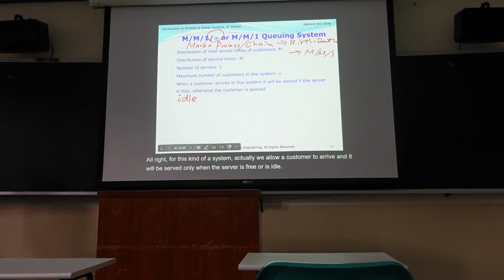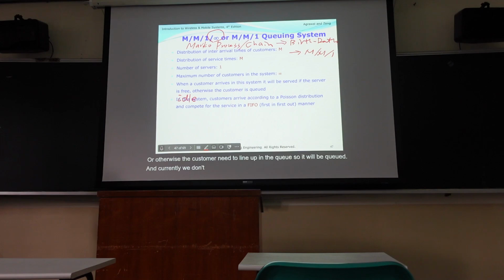Otherwise, the customer needs to line up in the queue. So it will be queued. And currently we don't have the specific description about the service discipline. So we have the simple one, first in, first out. Just come and work in order. So this is the first in, first out.